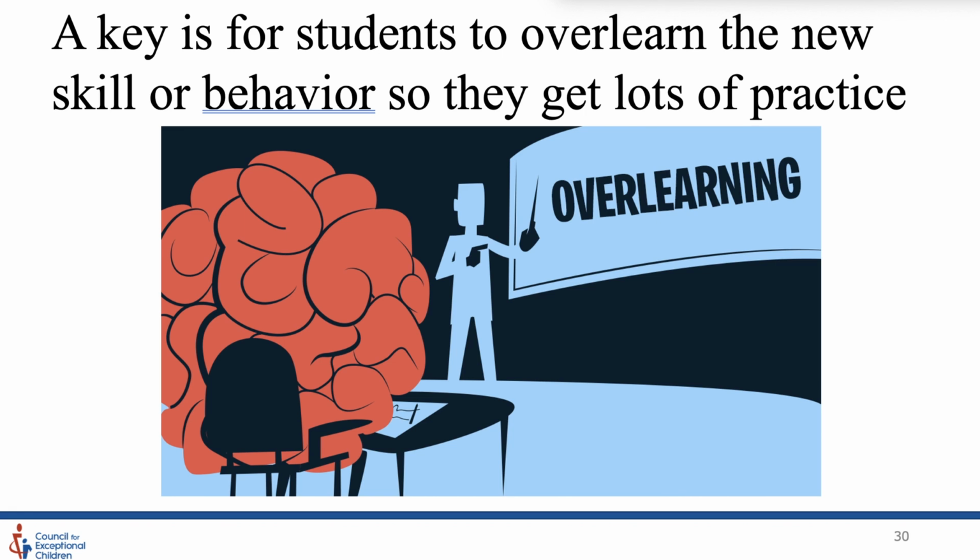If I can get a student where they're really automatic, they use the strategy on their own, they're successful using the strategy on their own in language arts, I'm in good position then to take them to mathematics or social studies or science and apply that strategy because they can do it really, really well.